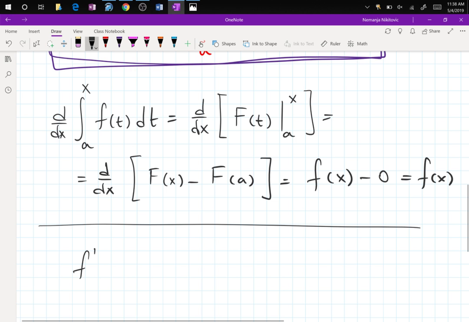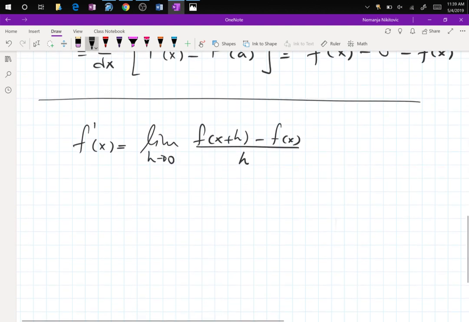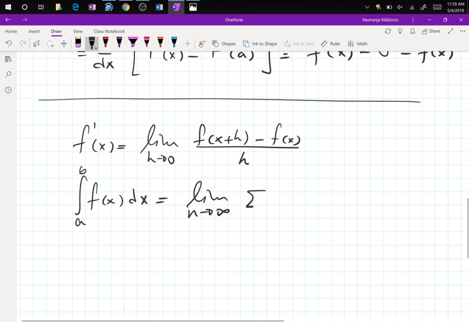The derivative, if you remember the limit definition, is the limit as h goes to 0 of f of x plus h minus f of x, divided by h, and the Riemann sum for the definite integral from a to b of f of x dx gave you the limit as n goes to infinity of the summation from 0 to n of f of ci delta x.